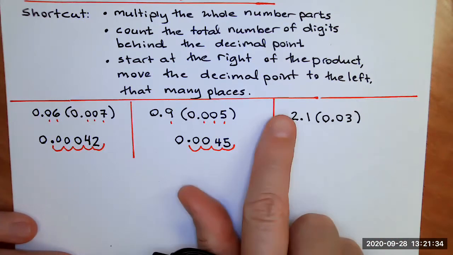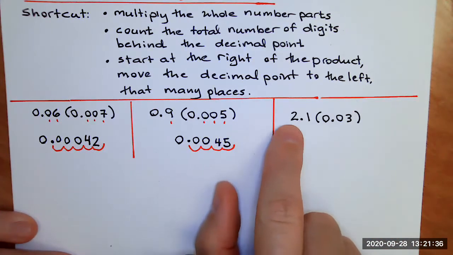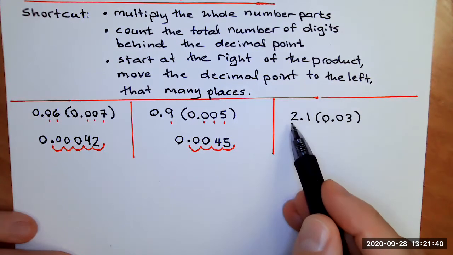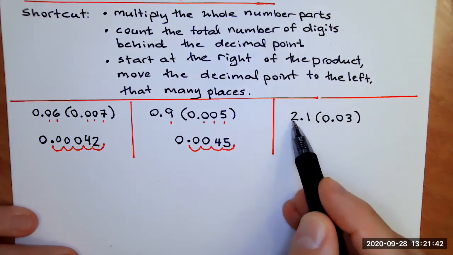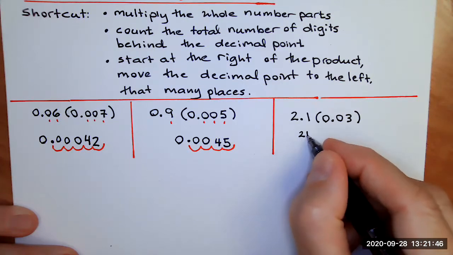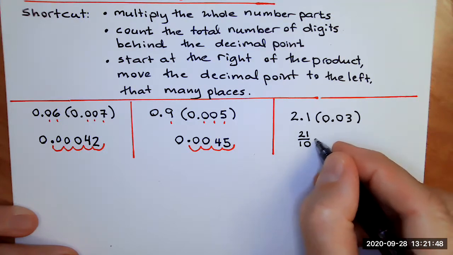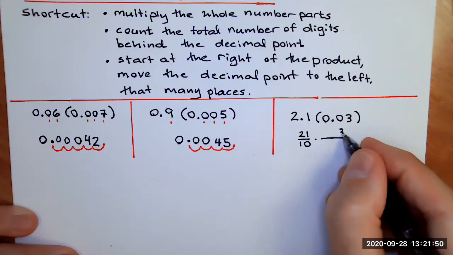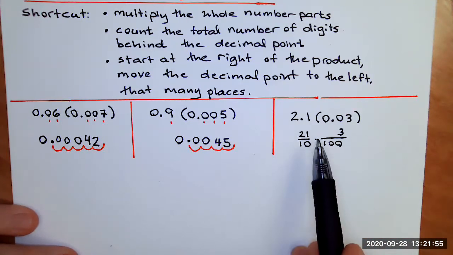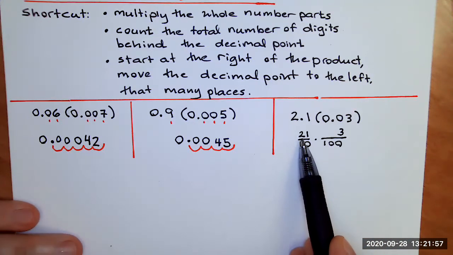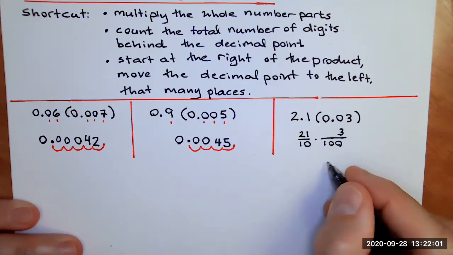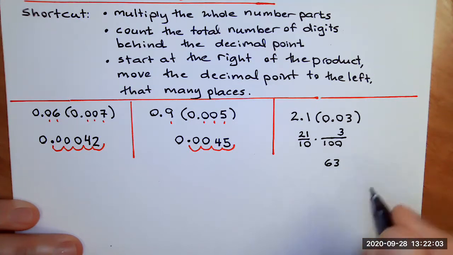All right, you might be thinking, what do I do with that whole number there? Well, let's review. Remember, this is either 2 1/10 or 21 over 10. So you're basically going to multiply 21 times 3, which is 63.